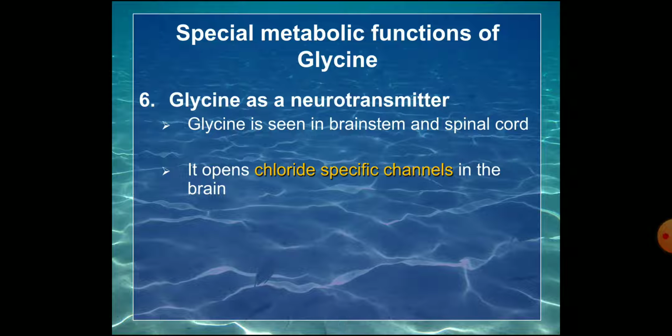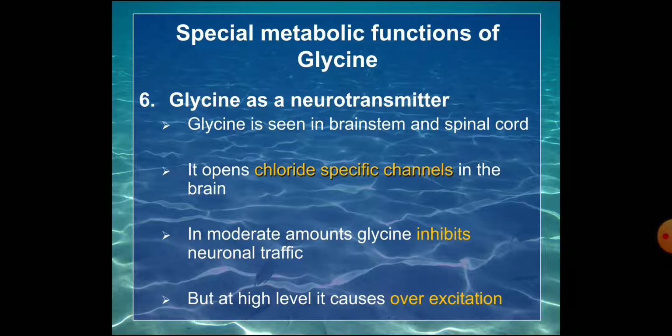Now another important function is glycine acting as a neurotransmitter. Glycine is seen in the brainstem and the spinal cord, and it opens the chloride specific channels in the brain. So what happens? In moderate amount, glycine inhibits the neuronal traffic, but in high level it causes overexcitation.